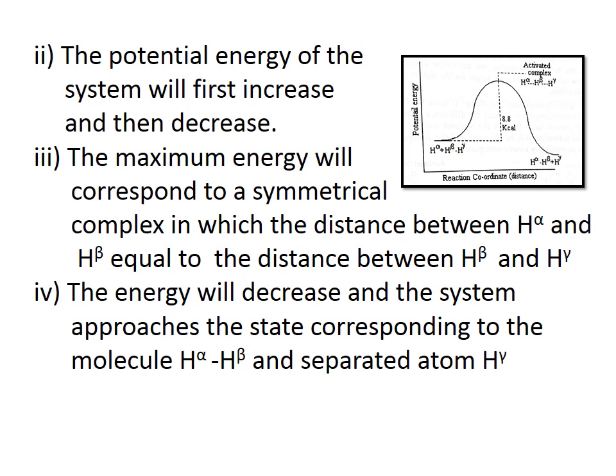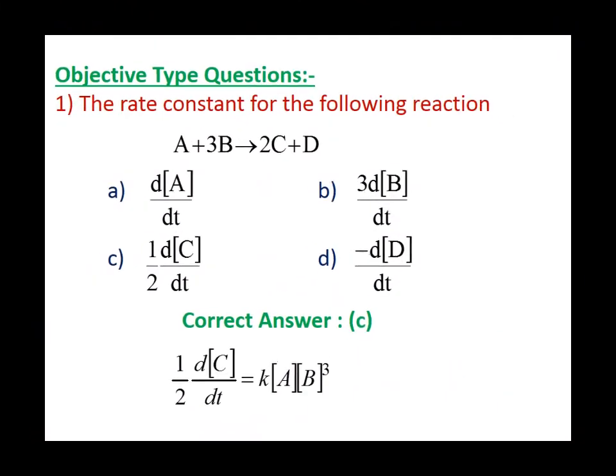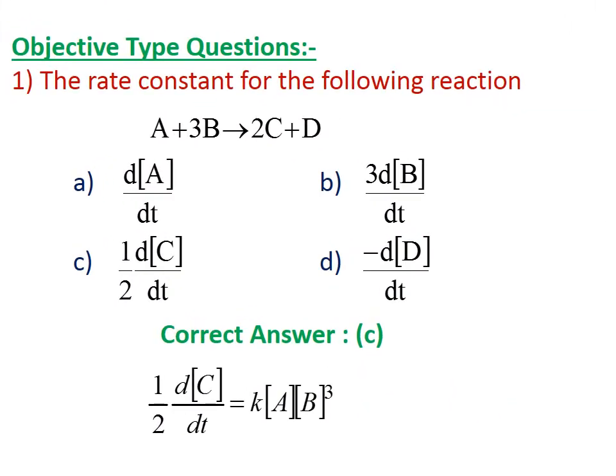The energy will decrease as the system approaches the state corresponding to the molecule H alpha H beta separated from H gamma. From this, the potential energy of the system is very useful to calculate the activation energy.